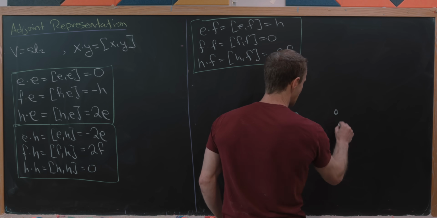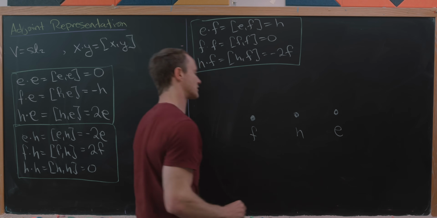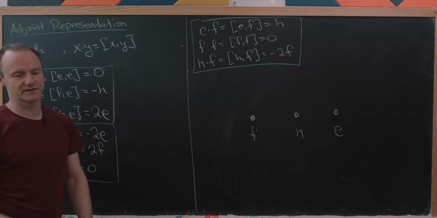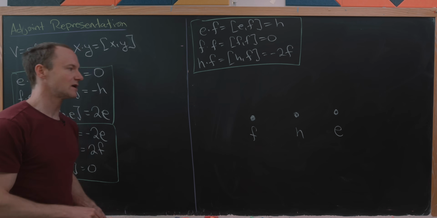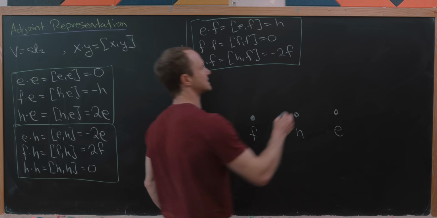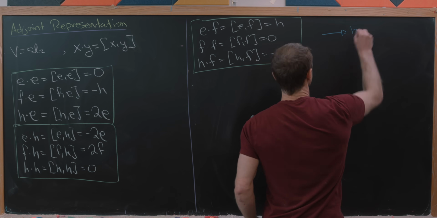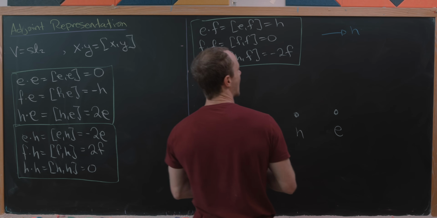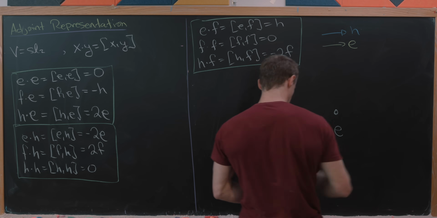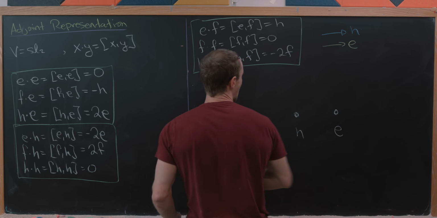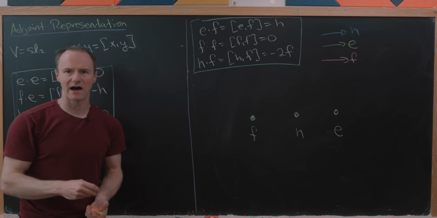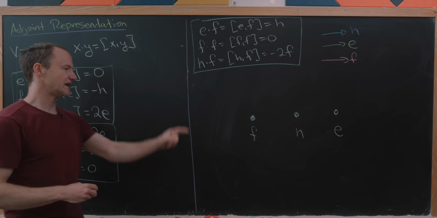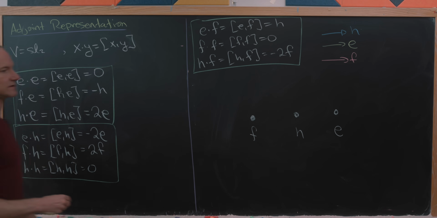I'll put H in the middle, F on the left-hand side, and E on the right-hand side. And then we'll use our same notation. So arrows that are blue are H, arrows that are yellow are E, and arrows that are pink are F. And then we're going to have eigenvalues for all of the H's as we saw from our calculation.